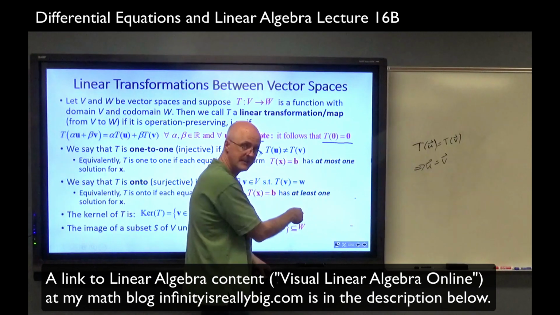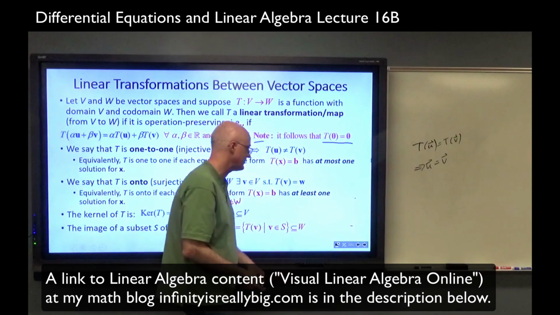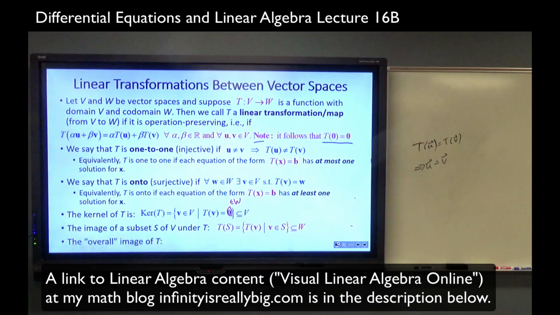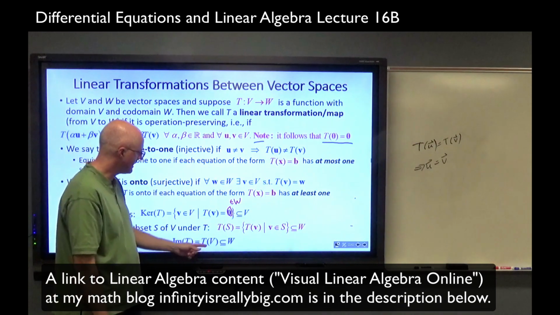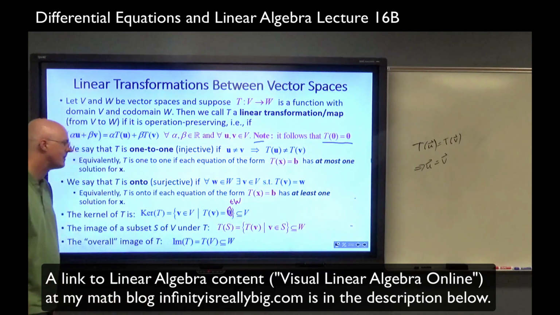S would be some subset of V. What are all the points those points get mapped to in W? This is a subset of W. It's very important to think about these things very carefully to make sure you understand them. We can also talk about the overall image of T. The image of T is the image of V under T. It's a subset of W.